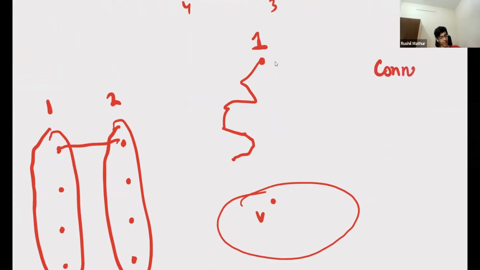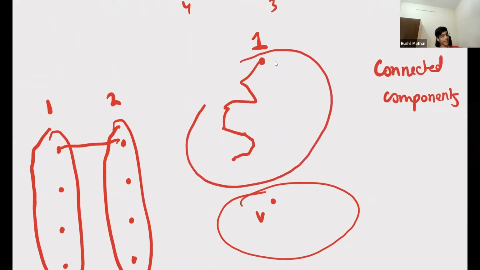There are these things called connected components. And within each connected component, you can get from that place to any other place in the connected component with a path. That makes sense, right? Like any place inside these, if I have a path from this to this, I'll call this also a part of my connected component. But as soon as from one I cannot reach V, that means I cannot reach V from any of these points.